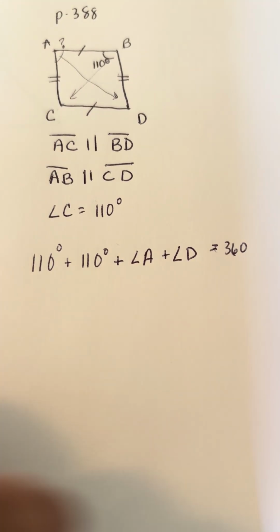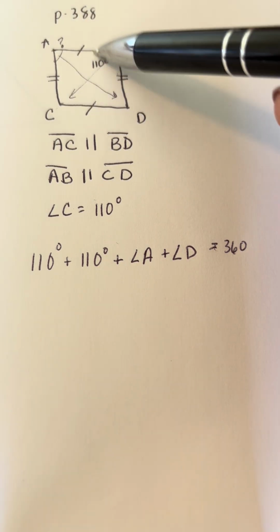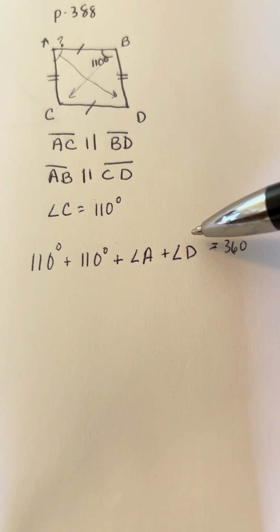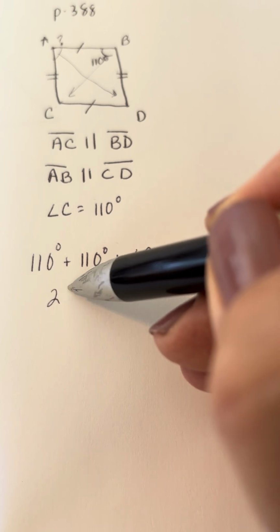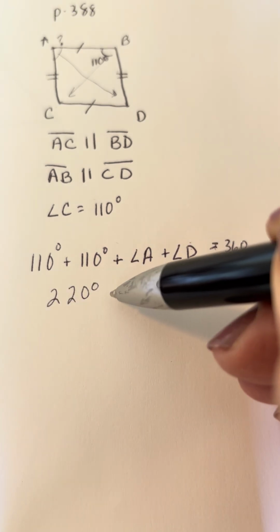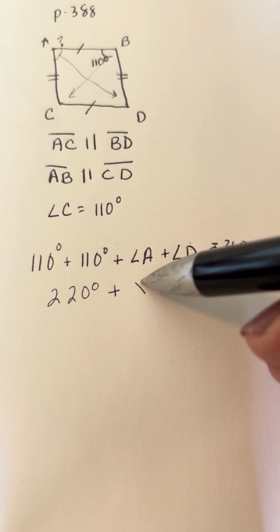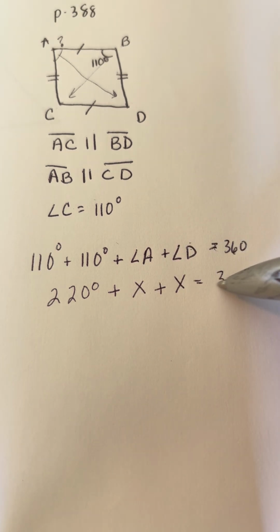The other fact that I know is because this is a parallelogram, the angles across from each other are equal. So I know that angle A and angle D are the same. So adding these two together gives me 220 degrees. And I could call this X, and this would also be X because it would be the same, and that's equal to 360.